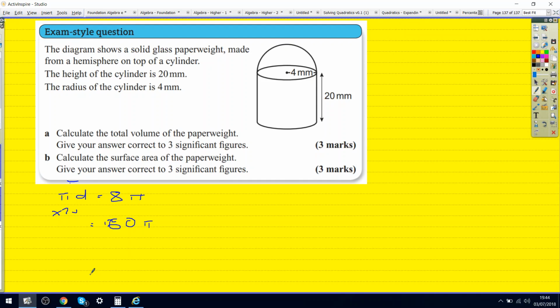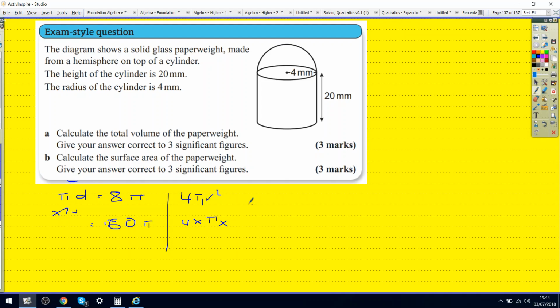So that's 4 pi r squared, which gives 64 pi. That's the one.